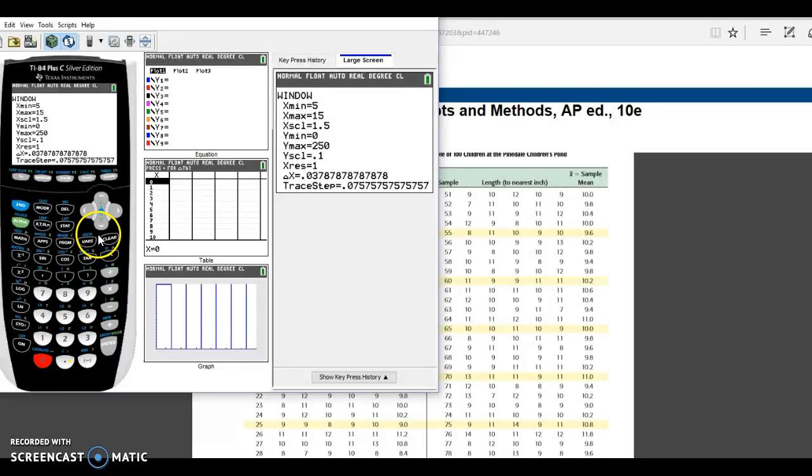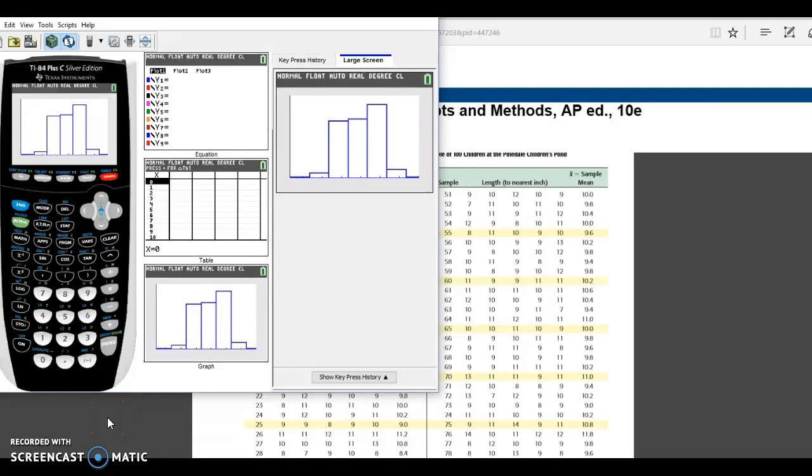We'll take half of our samples. Let's say 200. Fill the screen up a little bit more. Yeah, that's not too bad.